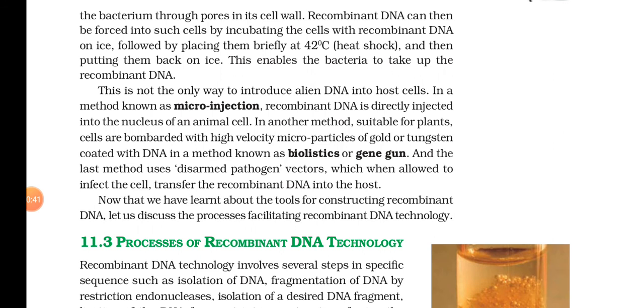So, microinjection and the ballistic gene gun method. In microinjection, the alien DNA will be directly introduced into the nucleus. In the ballistic or gene gun method, gold or tungsten coated with the foreign DNA will be bombarded into the host cell.